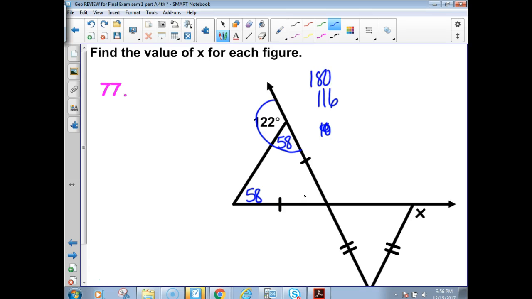I'll get this angle. What's that? 64. All right, then this would be 64. Vertical angles are congruent. This is isosceles, so this is 64. And this is a linear pair. So 180 minus 64, 116 degrees for x.